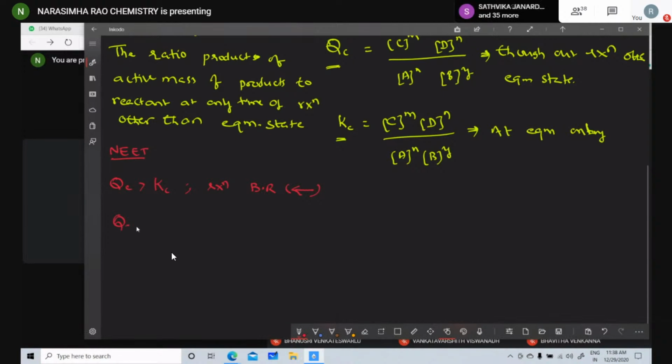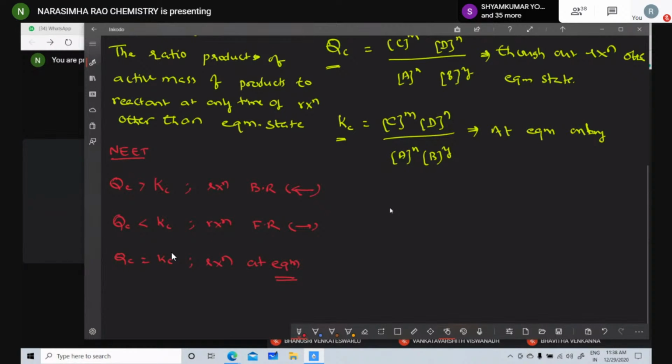If Qc is less than Kc, the forward reaction shifting is favorable. If Qc is equal to Kc, then the reaction is at equilibrium. At equilibrium. It's clear, children.